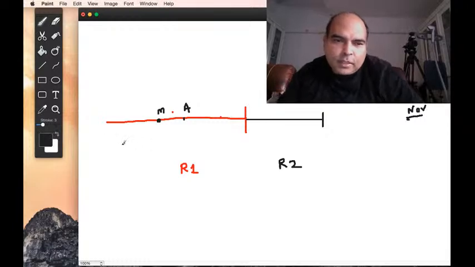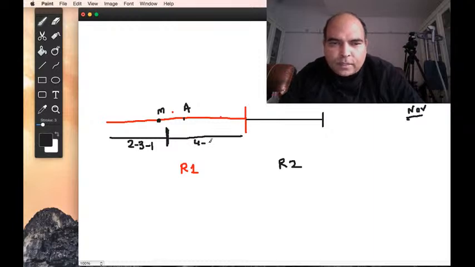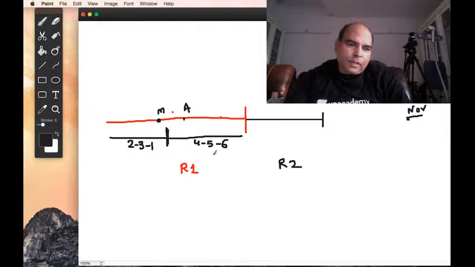And what I suggest is that in the first phase of your preparation, when you're doing 2, 3, 1, and then when you move to 4, 5, 6, in whatever order you move, 4, 5, 6, as I said, you can do 4, 5, 6, 4, 6, 5, whatever order.